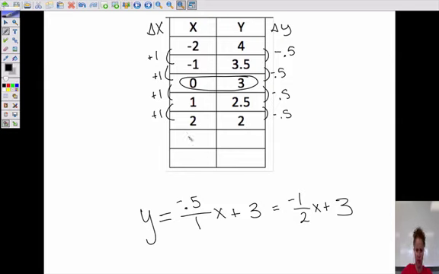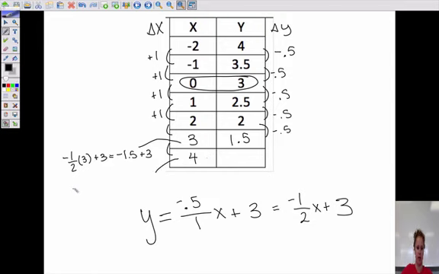Let's fill this in. Let's say if we continue our pattern and we have 3 and then 4. Well, if we plug in 3, negative 1/2 times 3 plus 3. So negative 1/2 times 3 is going to be negative 1.5, and then plus 3 would give us positive 1.5, and we can see that would follow our trend here, minus 0.5.